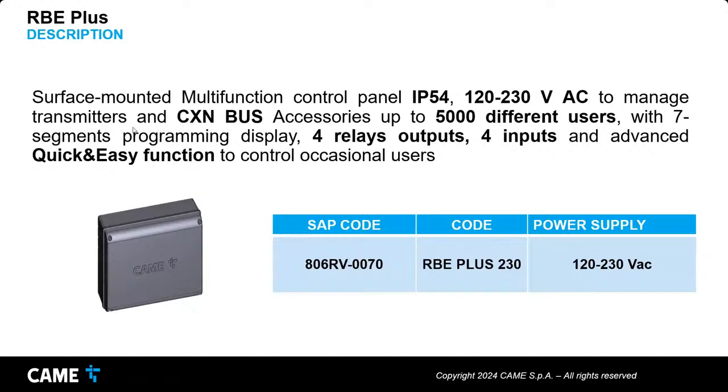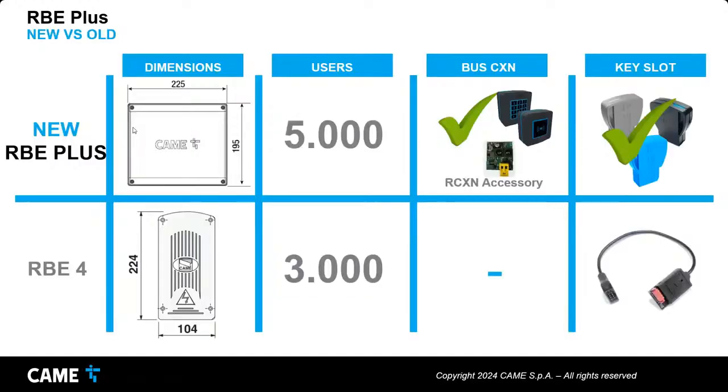So this is mainly used for worldwide application, also for markets that don't have 230 volts. The facilities inside are the same. 24 volts or 230 doesn't change anything in terms of functionalities, of course.